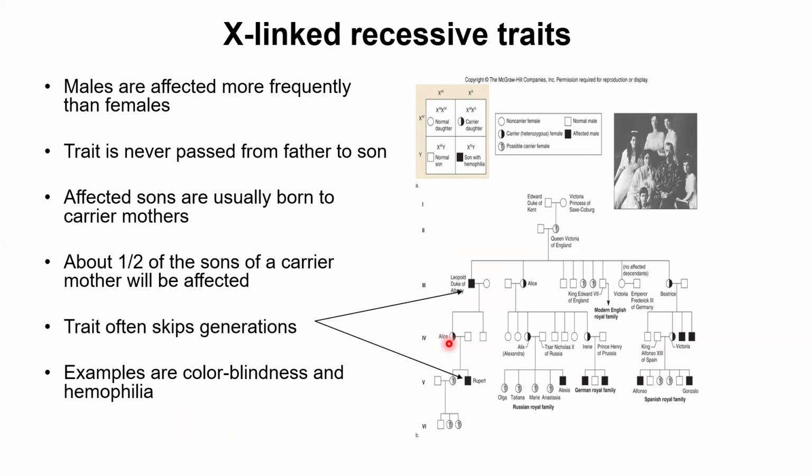Affected sons are usually born to carrier mothers because they actually get the X chromosome from the mothers. And about half of the sons of a carrier mother will be affected. And the trait often skips generations like a recessive trait would. Some examples include color blindness and hemophilia.